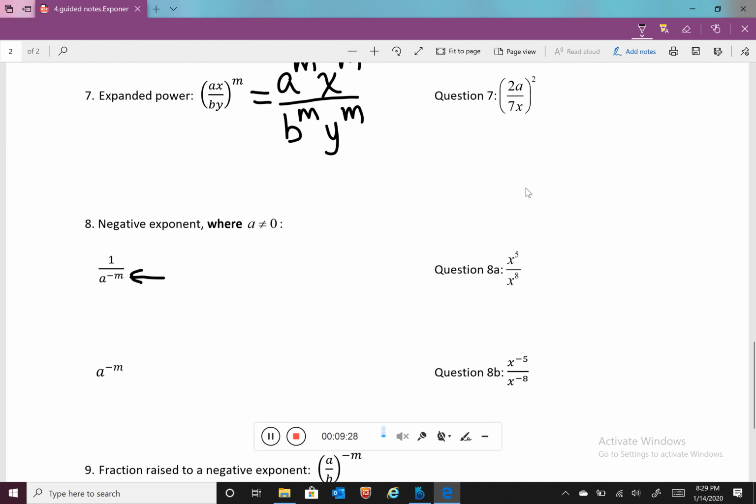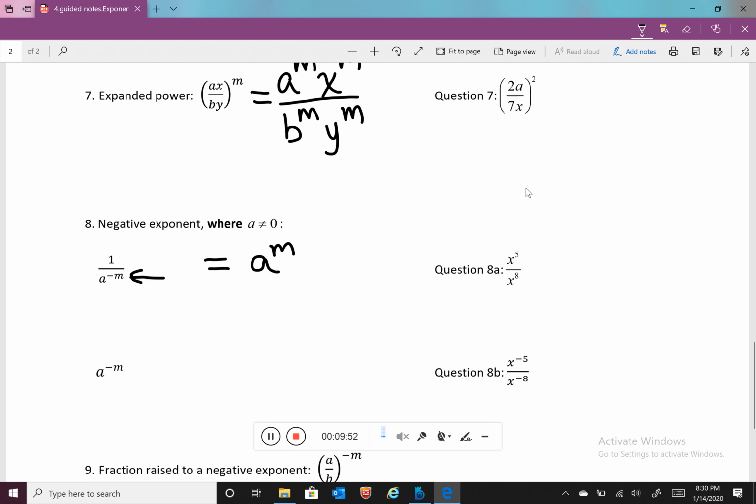So 1 over a to the negative m becomes a to the mth power. Notice we no longer have an explicitly stated denominator, and a is now moved into the numerator. I want you to tackle this with the next question.